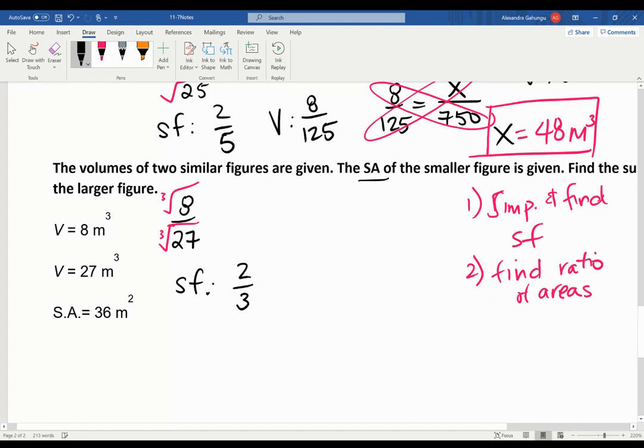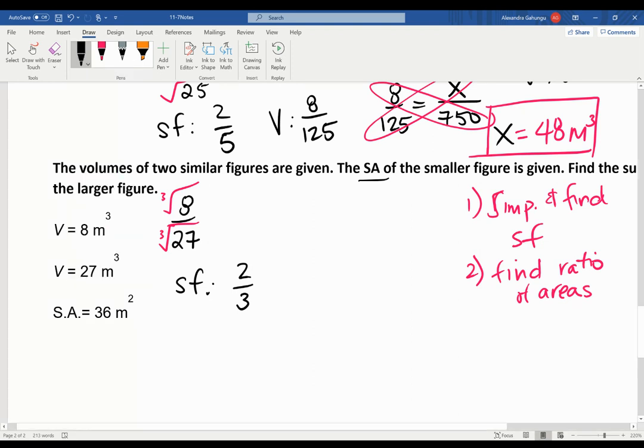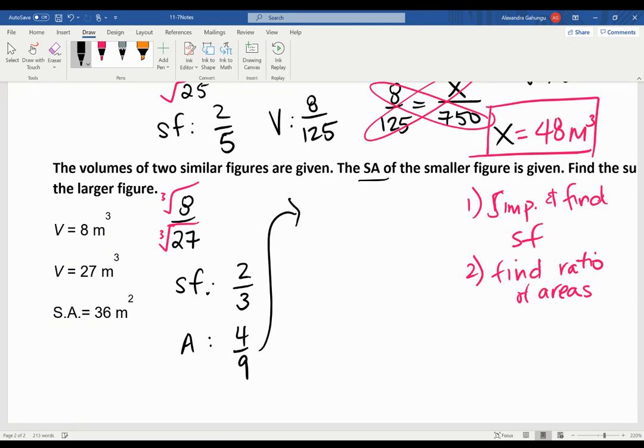I'm talking about surface area, so find the surface area of the larger figure. I need to find the ratio of my areas first, which will be 2 squared, 3 squared. So that should help me find my larger figure. So 4 to 9 is the ratio of our areas.